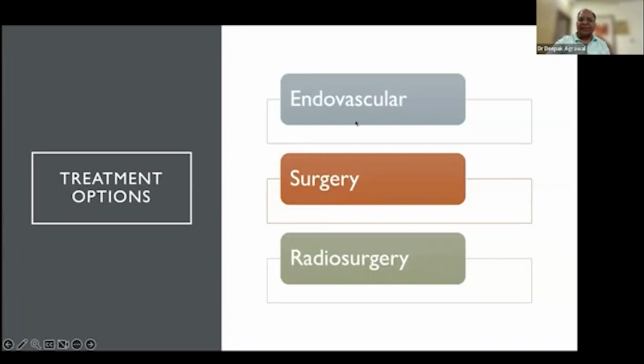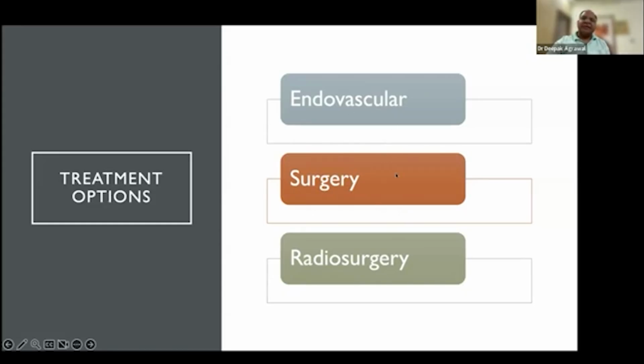Treatment options, as we have been discussing throughout the last two talks, remain endovascular, surgery, and radiosurgery. It depends on what paper you read and who is writing the paper, what is promoted as the best treatment. Till recently, endovascular was considered the gold standard, but things have changed as more and more neurosurgeons are doing radiosurgery.